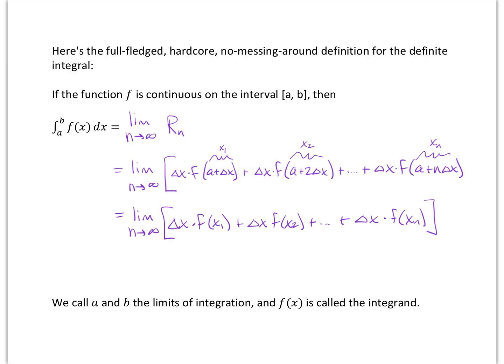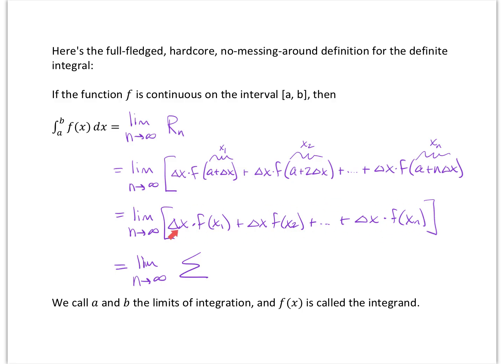Okay, and then I'm just going to write this using summation notation. So the limit as n goes to infinity, I'm going to write this Greek letter that stands for sum. And every term in this, because this is just a great big sum, right? A term plus more terms plus the last term.